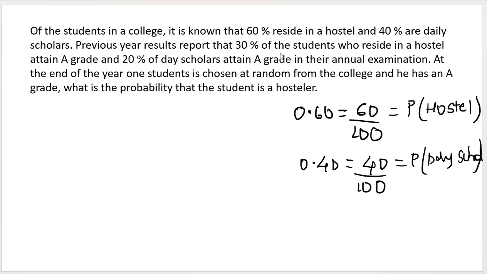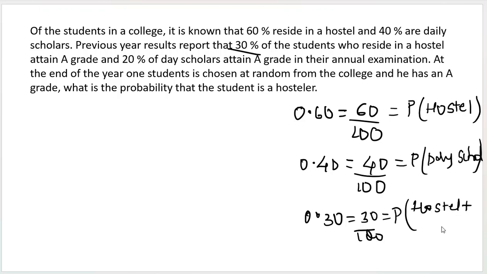Then previous year results report that 30% of students who reside in a hostel attain A grade. Now if you observe, the 30% that is given, which is 0.30, 30 upon 100, is nothing but the probability of students who reside in a hostel plus also get A grade.